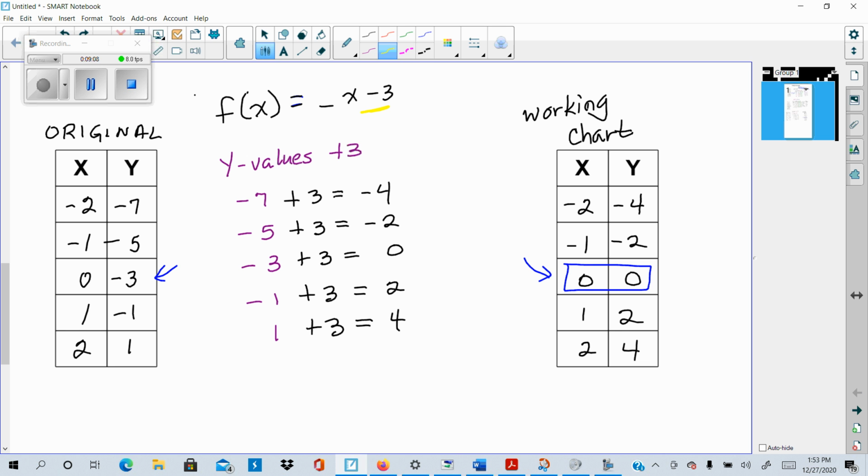So I can look at it, and I can, once again, remember I talked about looking at how it went, and I've got multiples of 2, don't I? So it becomes 2x minus 3. So that's how you do it when you're given a chart. Take out whatever you're adding or subtracting, make a working chart to find your equation. Hope this helps.